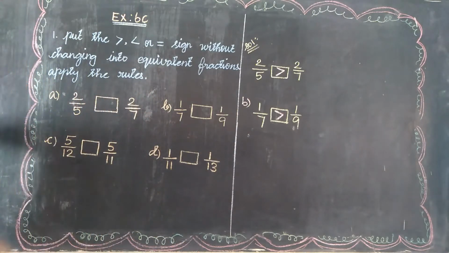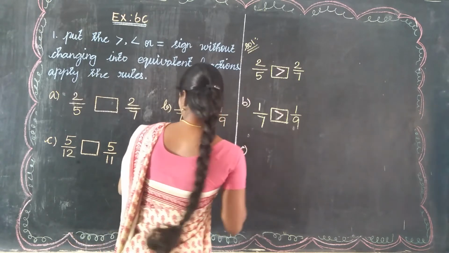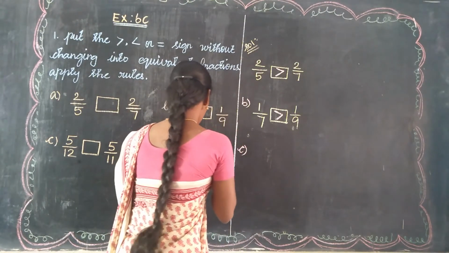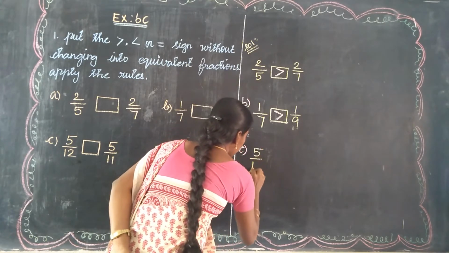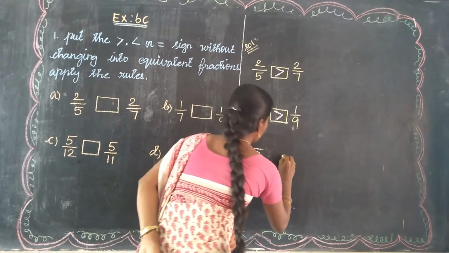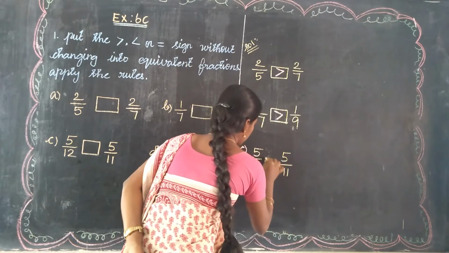Next, problem C: first fraction 5 by 12 and second fraction 5 by 11.